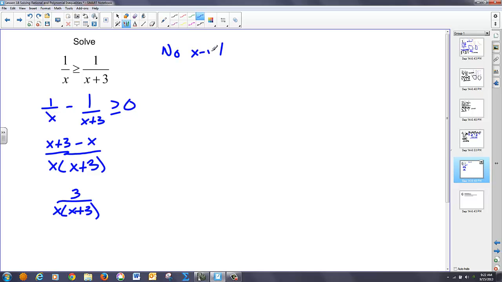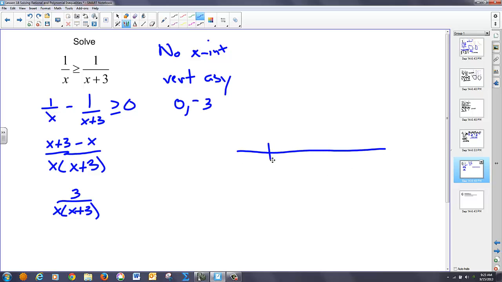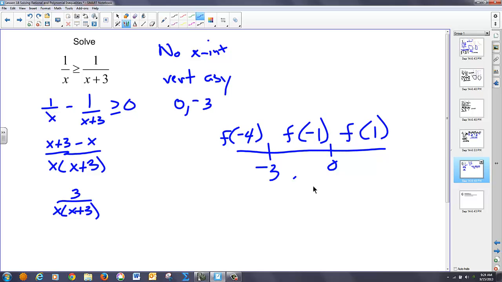And in this case, I will have vertical asymptotes at 0 and -3. So these are my critical numbers, 0 and -3. And I'll pick points to either side of those. And we'll go ahead and test those in this bottom equation over here.